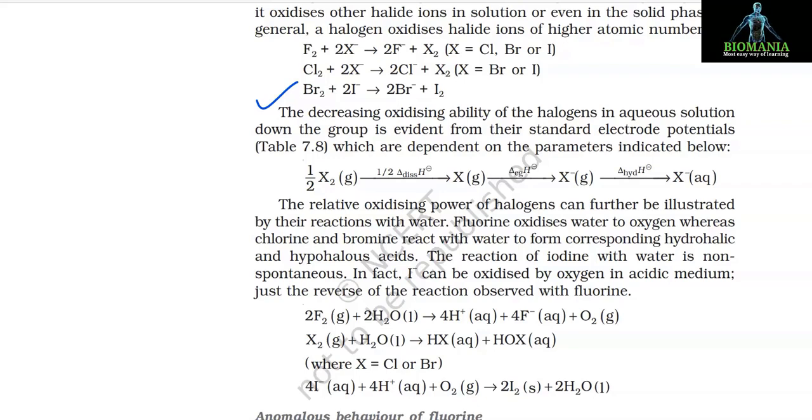Fluorine oxidizes water to oxygen, whereas chlorine and bromine react with water to form corresponding hydrohalic and hypohalous acids. The reaction of iodine with water is non-spontaneous. In fact, I⁻ can be oxidized by oxygen in acidic medium, just the reverse of the reaction observed with fluorine.